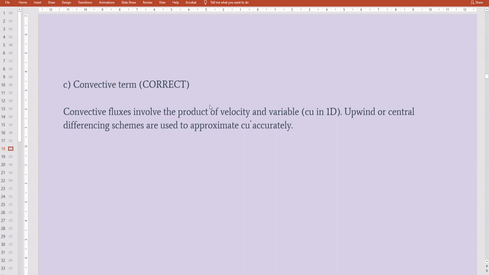So option C is the correct answer. It is the convective term.